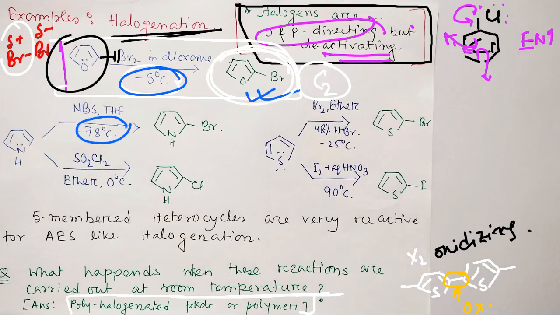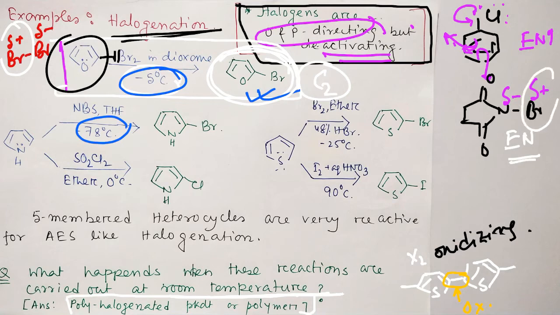In the case of NBS, it has a permanent dipole. What do I mean? If you look at the structure, this is N-bromosuccinimide. Now this bromo is delta plus and nitrogen is delta minus because of the electronegativity difference. So this bromine has a permanent polarity, so the reaction is expected to be easier.